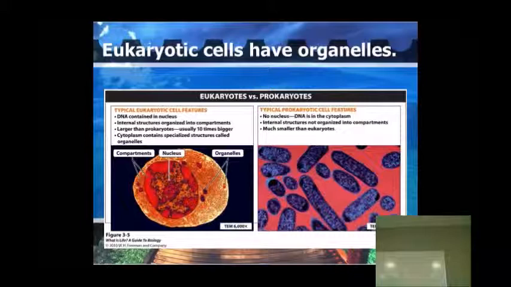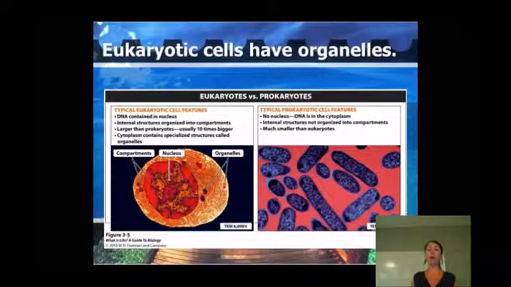In the typical eukaryotic cell, you have the DNA that's found in the nucleus, which is in the center of the cell. You've got internal structures that are organized into compartments. So if you think back to your Golgi bodies and your endoplasmic reticulum, they're bigger than prokaryotic cells, about 10 times bigger, and they contain these specialized structures.